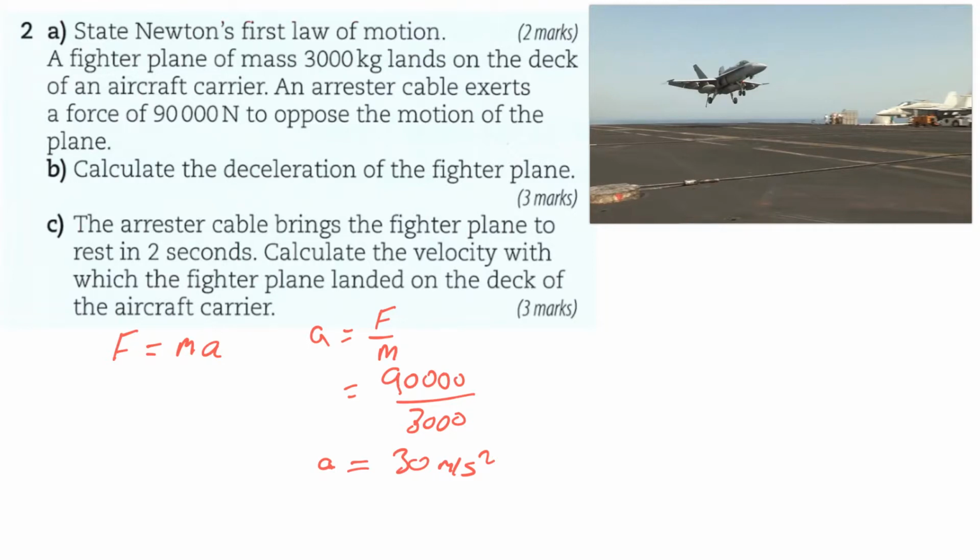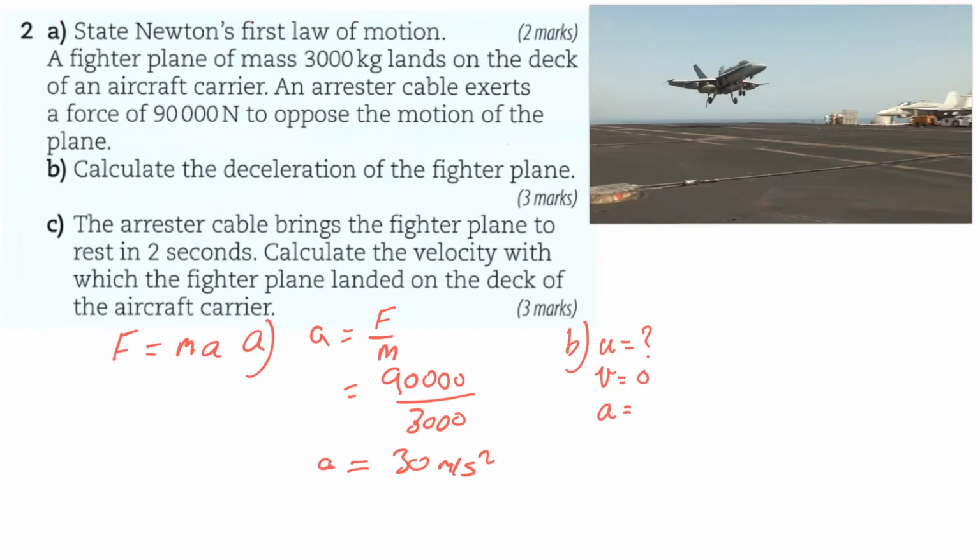So we're saying now that the deceleration that the cable produces brings this thing to rest in 2 seconds. Calculate the velocity with which the fighter plane landed on the deck of the aircraft carrier. Okay, so we've got an initial velocity, 2 seconds worth of deceleration, and a final velocity of 0. So we start making out a suvat list.